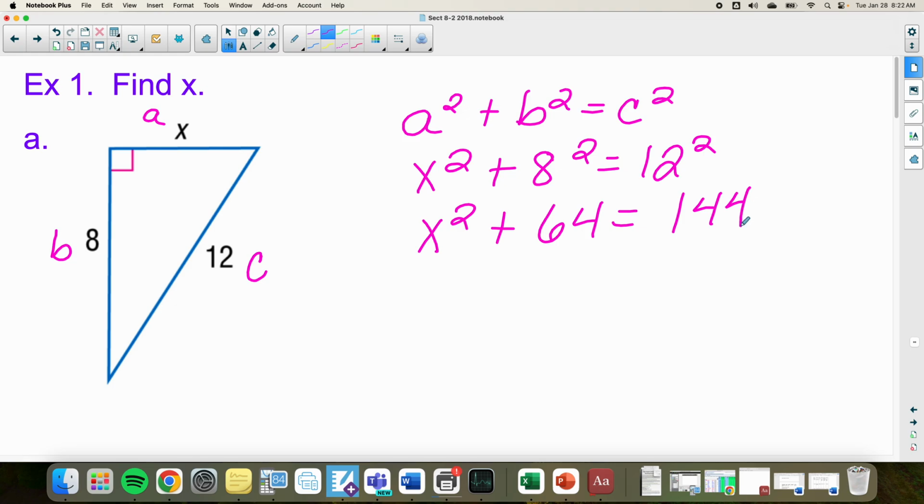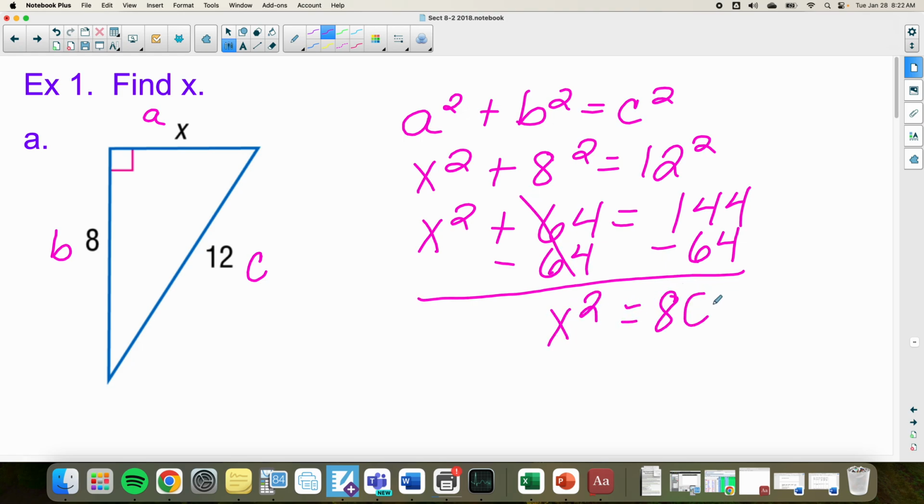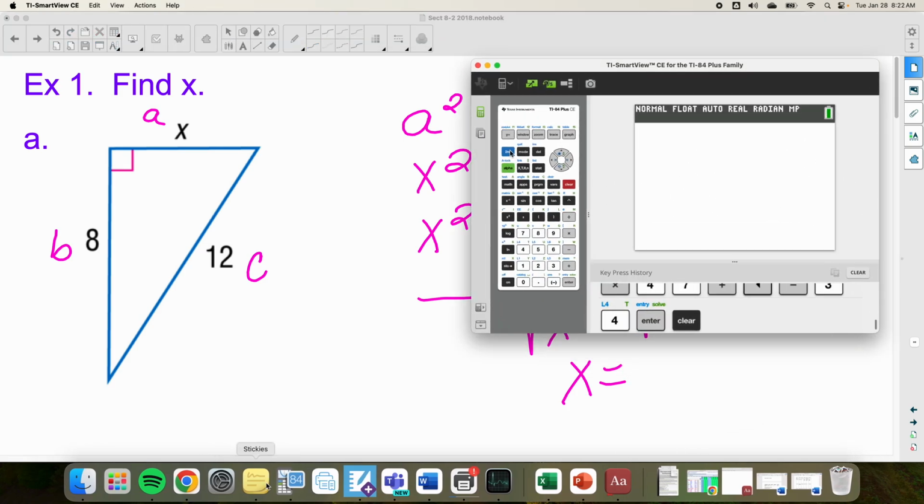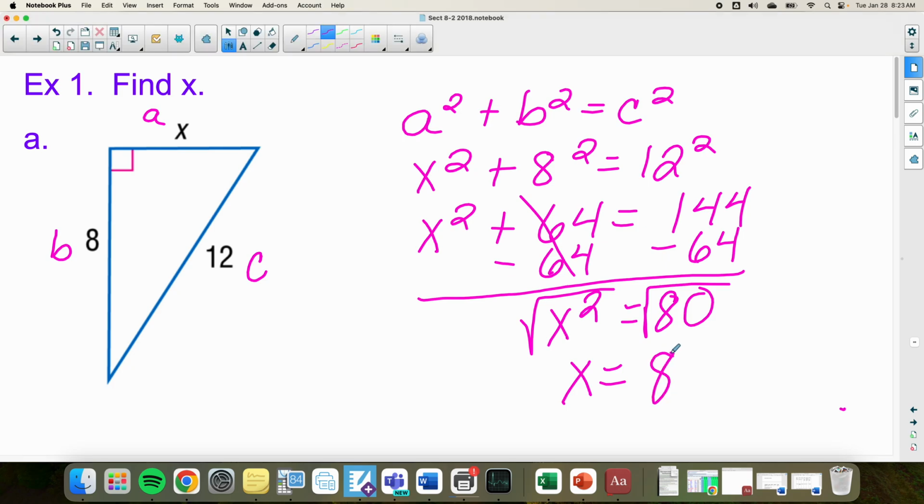So this is an example of one where we're not just given the two legs. Now to solve this, I'm going to subtract 64, and I would get x squared equals 80, and then I would take the square root, and if you do it on your calculator, you're going to get square root of 80, and that is 8.94.